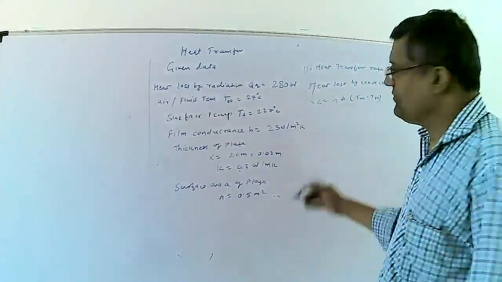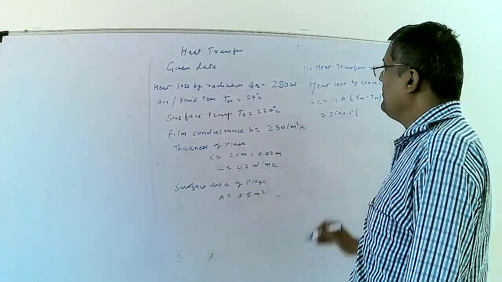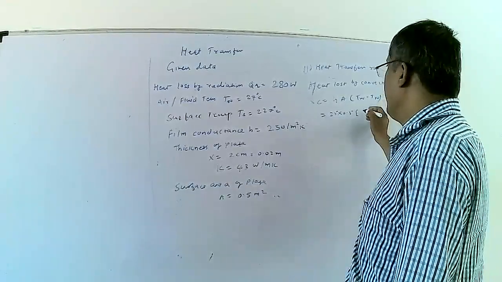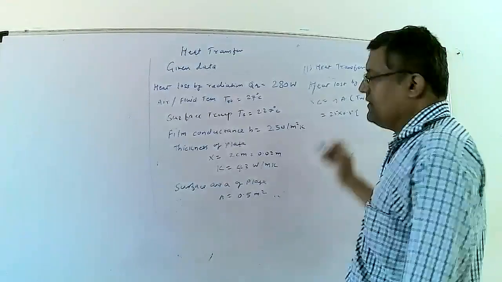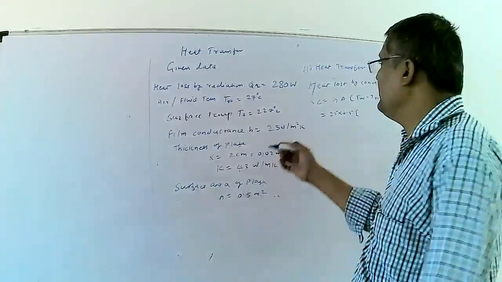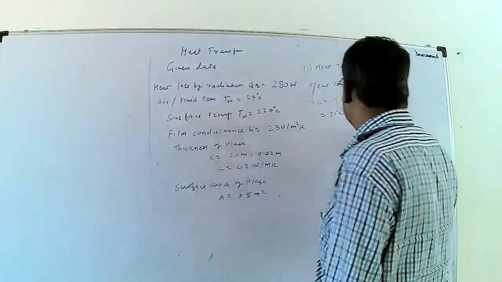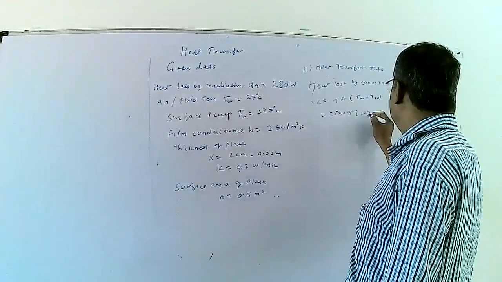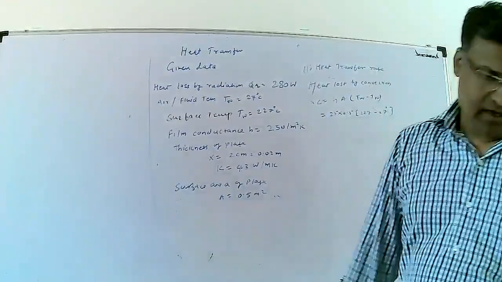Then we put all these values: 25 into 0.5 in bracket TW, that value is provided, 227 minus 27 degrees Celsius.